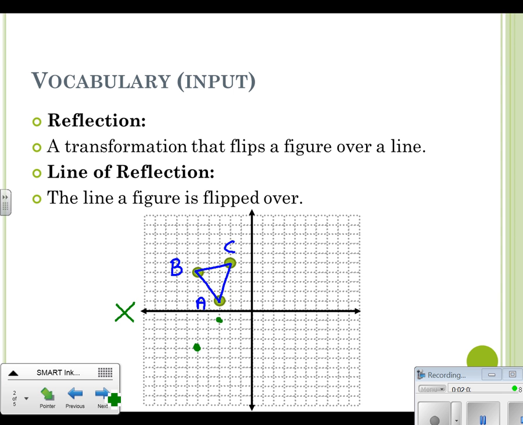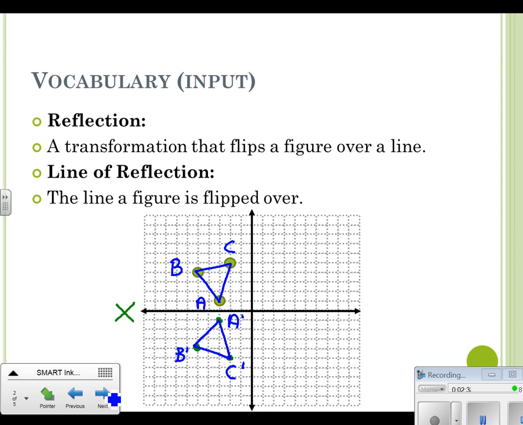C is 5 above the x-axis, so then we're going to go 5 below. And so now this is A prime, this is B prime, and this is C prime. I'm going to connect A to B to C and back to A. And you can see that we made a reflection of the triangle over the x-axis.